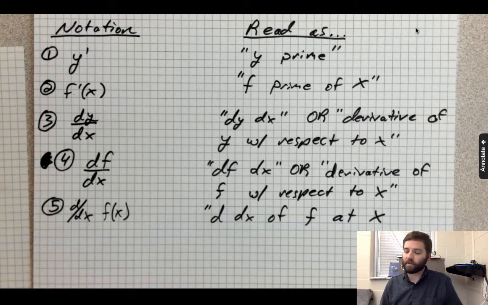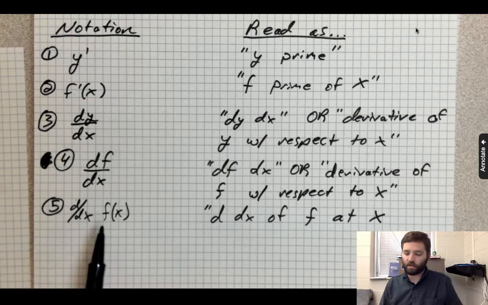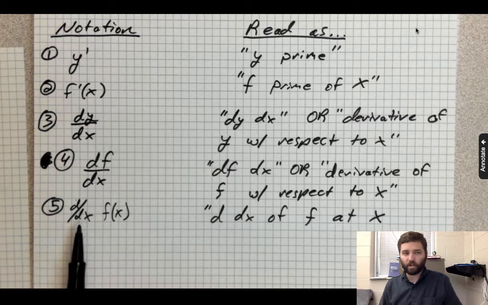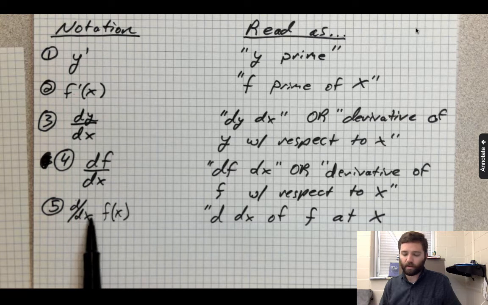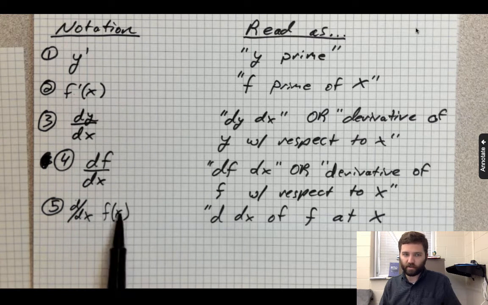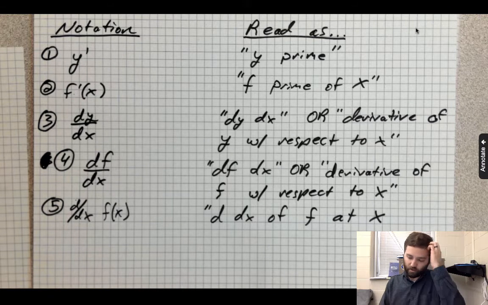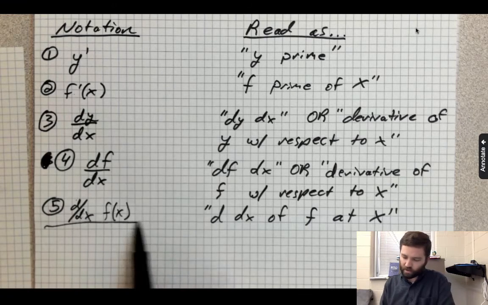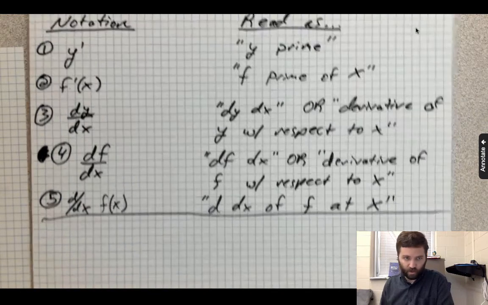The one thing that I like about this notation is it indicates that differentiating is an action or an operation that you're performing on the function. So I'm going to differentiate f of x with respect to x. In other words, I'm going to differentiate this function with respect to that independent variable. Again, you'll see its use later on in different types of problems.